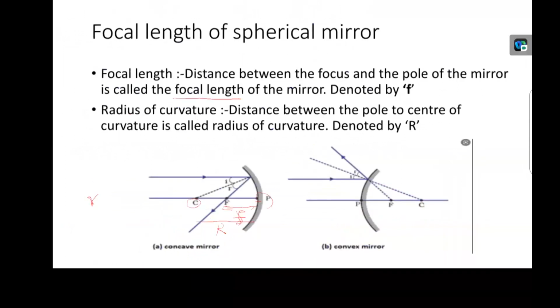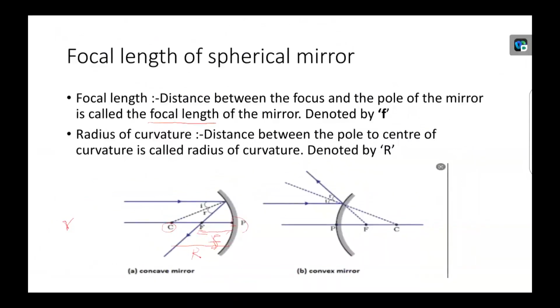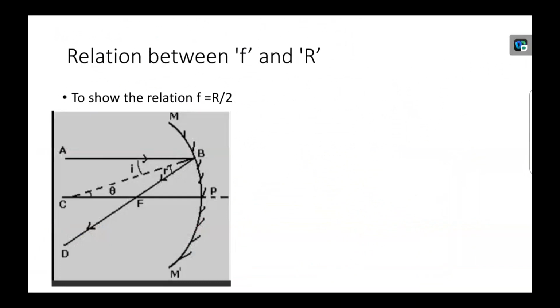Now, we have to derive the relation between focal length and radius of curvature. To show the relation F is equal to R by 2, we have taken a concave mirror. Why have we chosen a concave mirror?